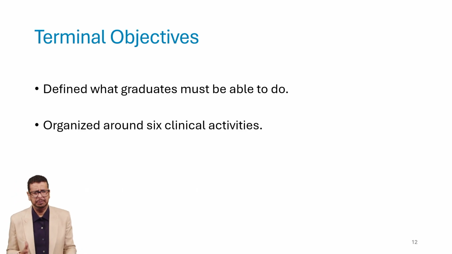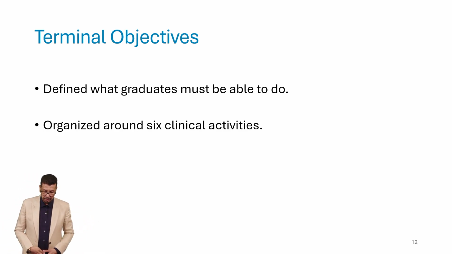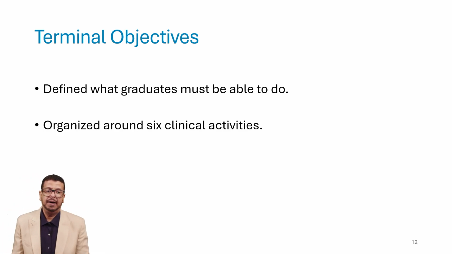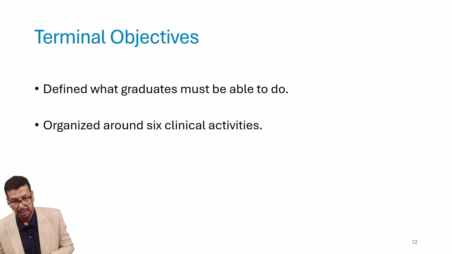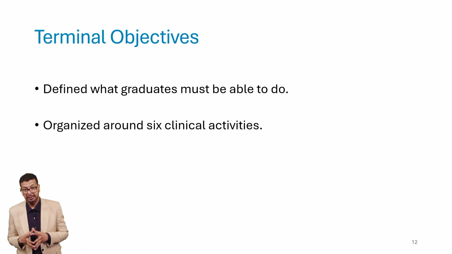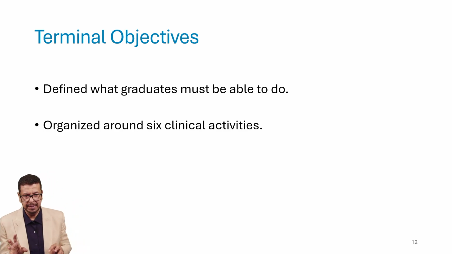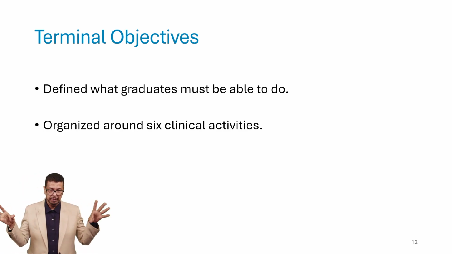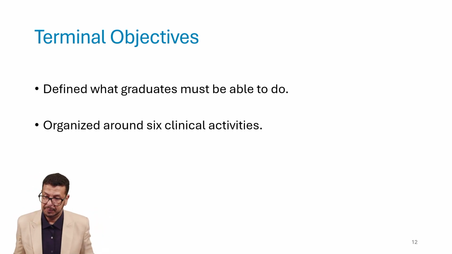Now let us explore the terminal objective concept used in this curriculum. The terminal objectives define what graduates must be able to do, similar to competencies, and are organized around six clinical activities. There is flexibility here: it can be six or more, but there should not be too many terminal objectives.